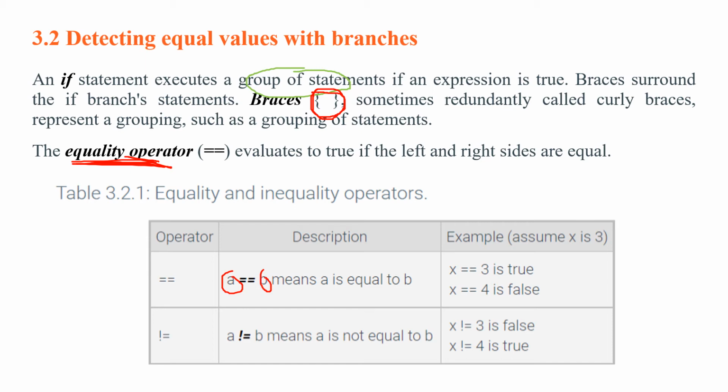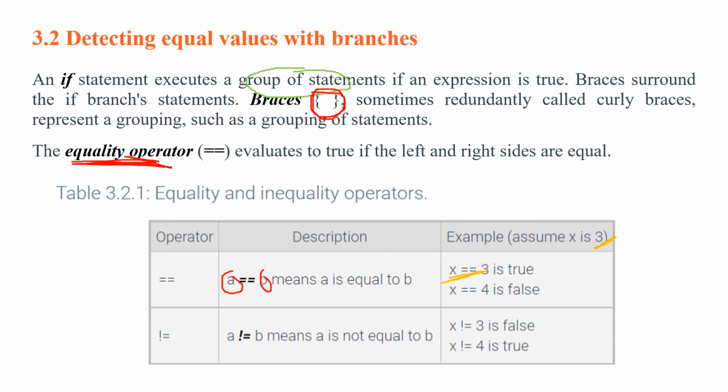So we are assuming that x is equal to 3. Here the value of a will be x and the value of b will be 3. So the first condition, if x == 3. The double equal to is comparing the values of a and b. It compares whether x is equal to 3.